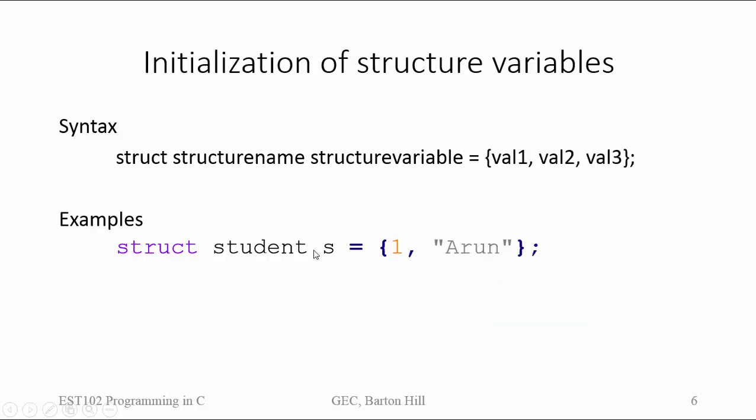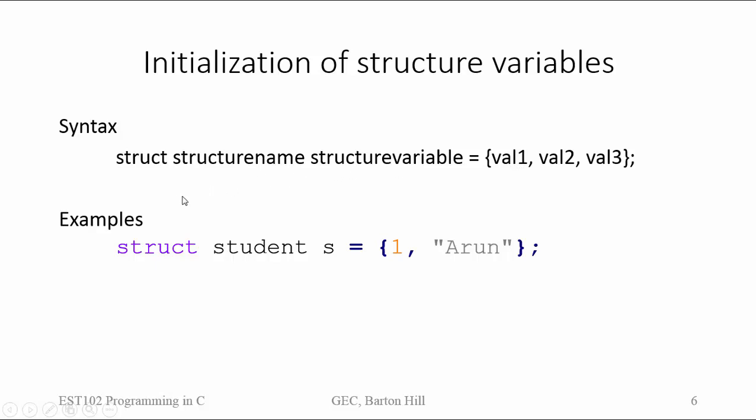Now we will see how we can initialize structure variables. The syntax is struct, structure name, structure variable, same as the declaration, then equal to, and inside curly braces we give the values separated by commas.